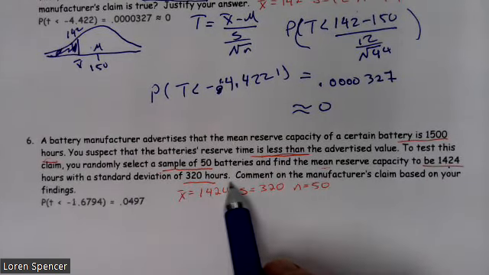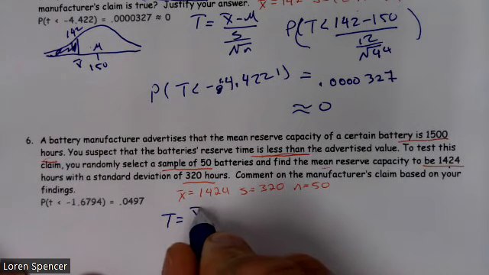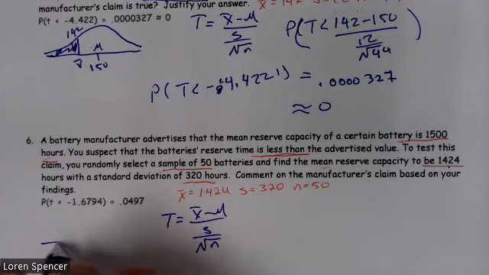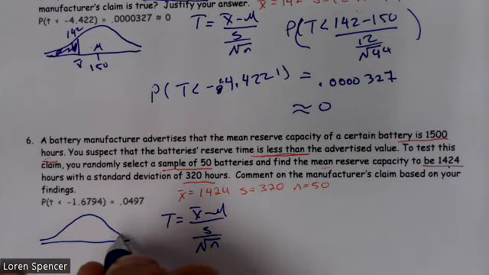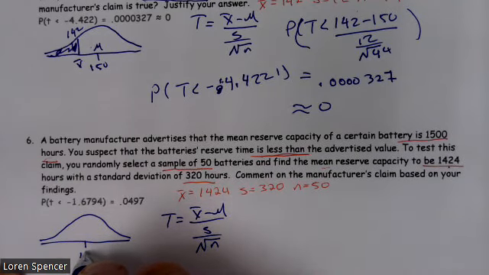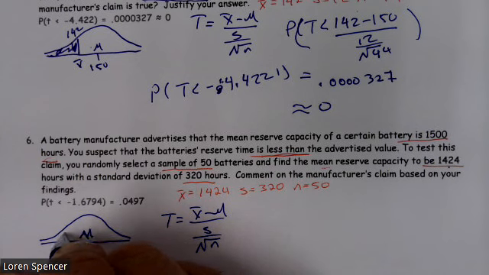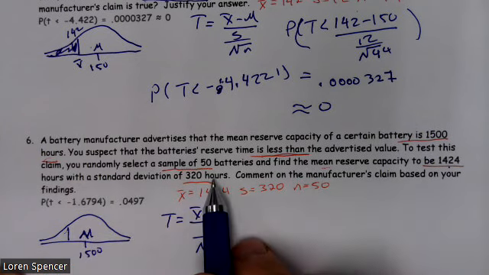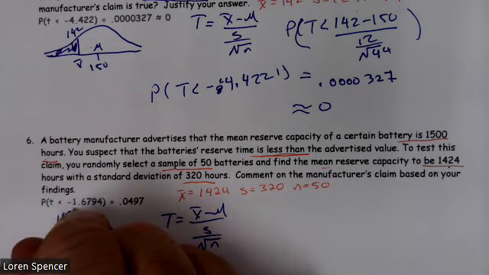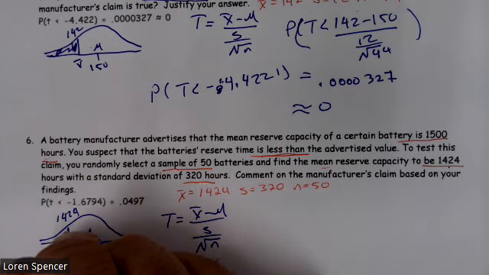So our formula, T equals X bar minus mu over S divided by the square root of N. We draw a picture of this. Well, they're claiming 1,500. And we got a sample mean of 1424. This is my X bar.